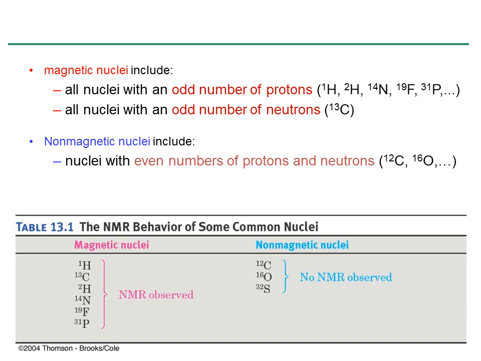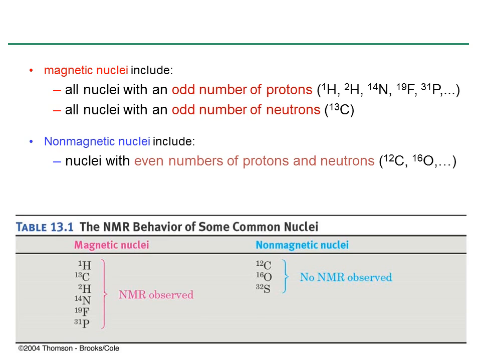Magnetic nuclei include all nuclei with an odd number of protons, such as H1, H2, nitrogen-14, fluorine-19, phosphorus-31, and so on, or nuclei with an odd number of neutrons, such as carbon-13.